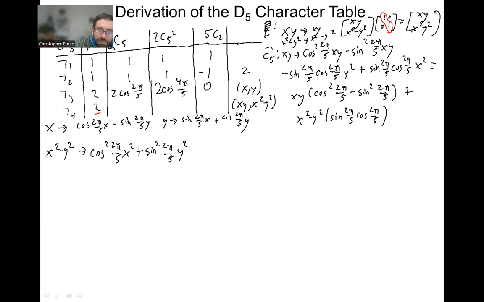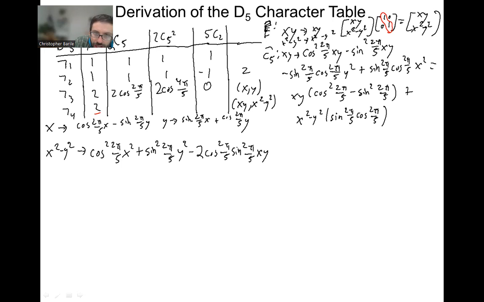And then I'm going to have this term times that term times 2 because they're the same. Those are a negative times a positive, so it's minus 2 cosine 2 pi over 5 times sine 2 pi over 5 times xy. All right, that's just the x squared portion of this. We just did x squared. Now we have to do y squared and then the minus of that.